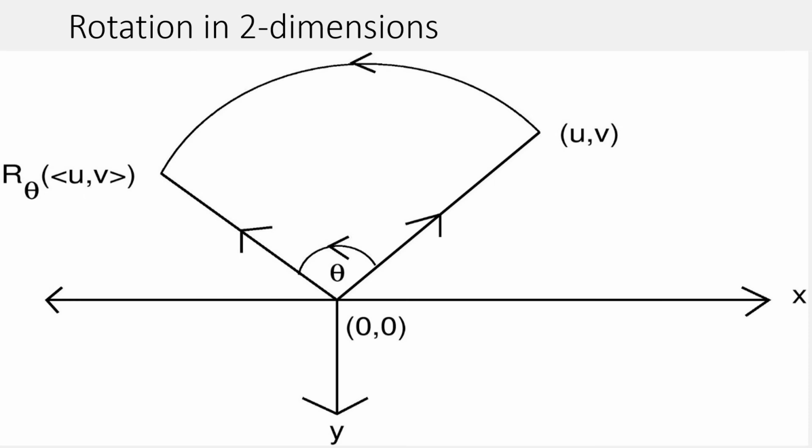If we are looking at rotation, here we have some point, we want to rotate that by an angle anti-clockwise. We apply the rotation matrix that I showed a couple of slides ago, and that will have the effect of taking this point here and moving it to this point here.